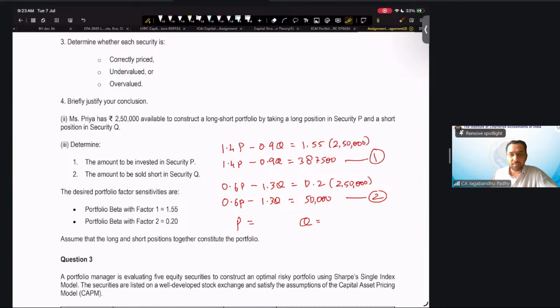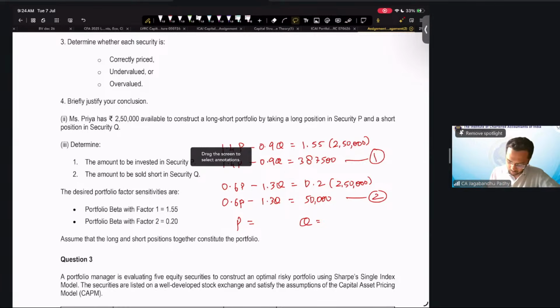You can solve it simply by multiplying the respective equations with their LCM numbers, and you should be able to get the value.